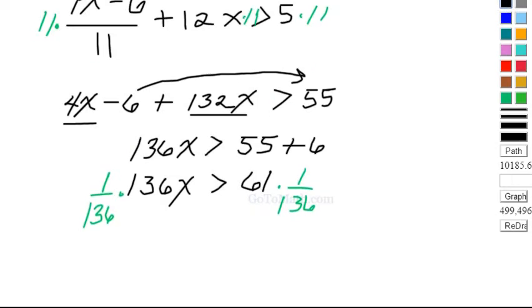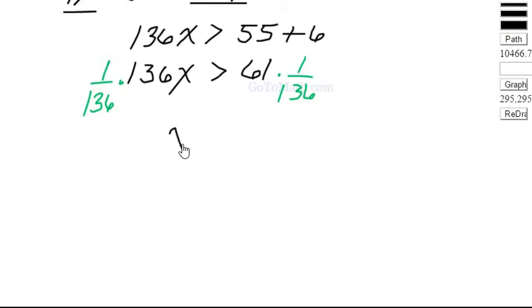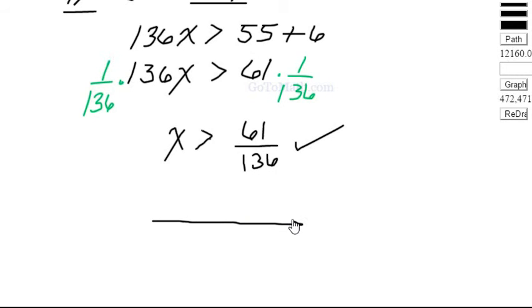We are left with x is greater than something, 61 over 136. And the question is, will that simplify down? Well, there's kind of a key in there that says that it won't, but we're not going to get into number theory in this class, but you should take it.